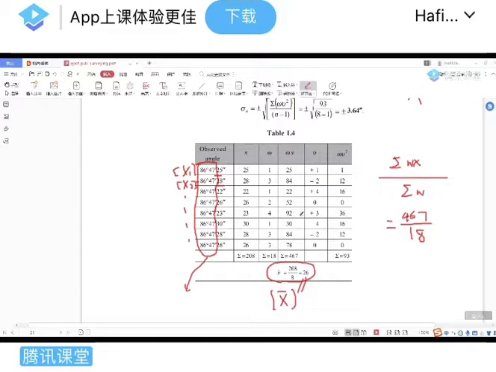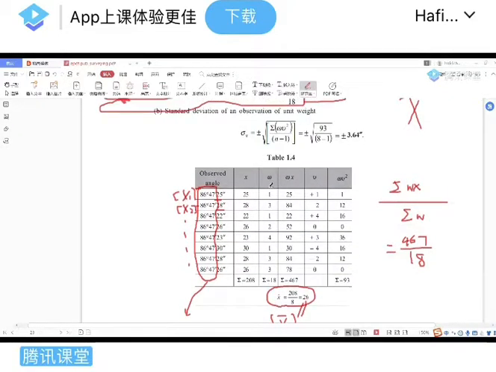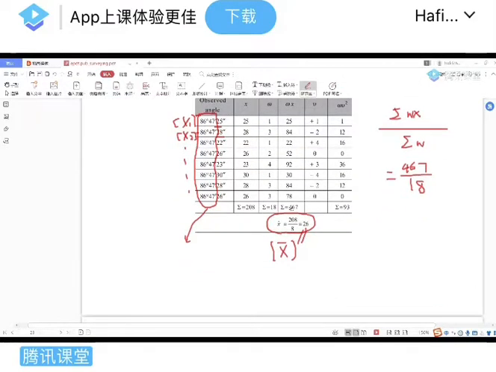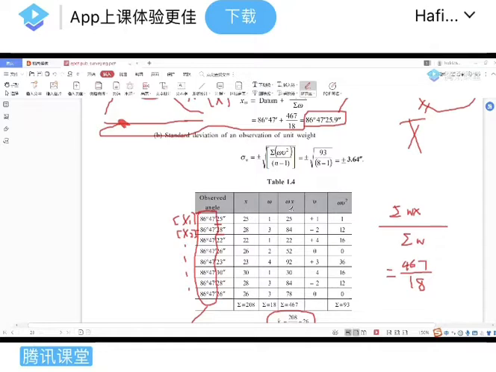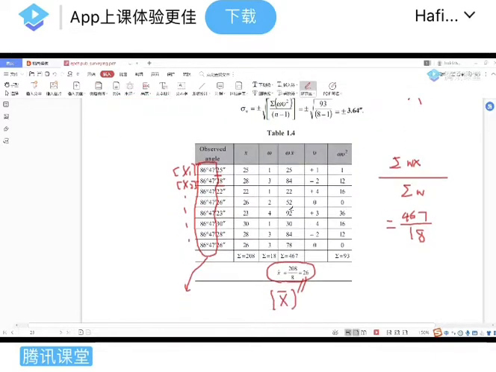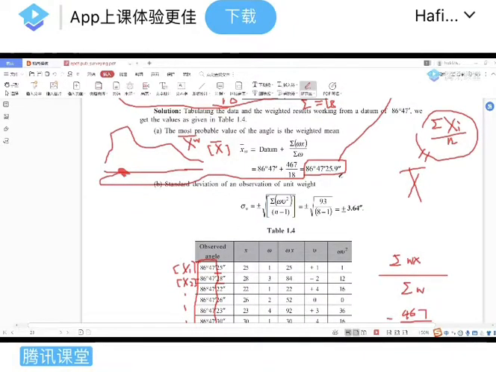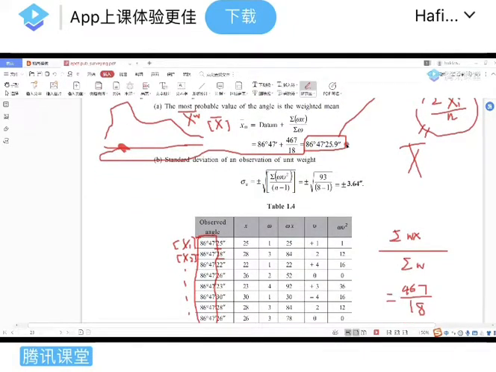Let me take a look at this one. I see, we haven't derived everything, because if you derive it, you'll find the value looks like this one. I'm just calculating the weighted mean. But let me see, the weighted mean will be this one. Take a look at this one.